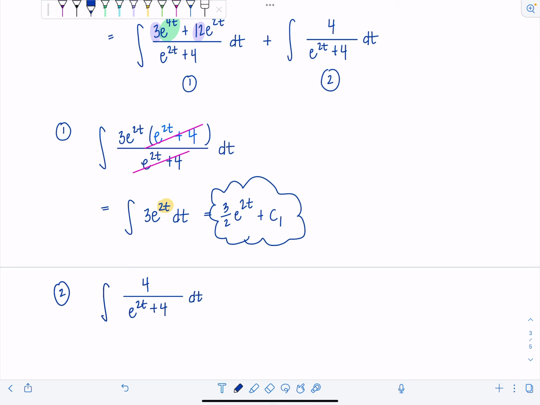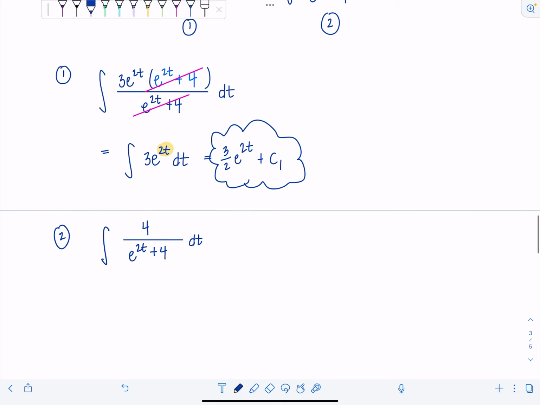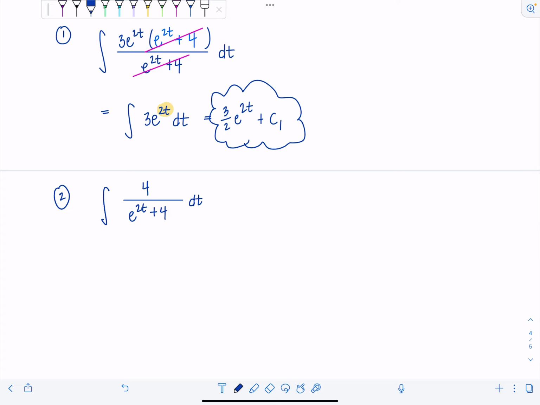What we're going to do is make a change of variables, use some substitution, and then we're going to end up busting out some partial fractions. Oh, yeah. Here's the idea, okay? I'm going to let u equal e to the t.